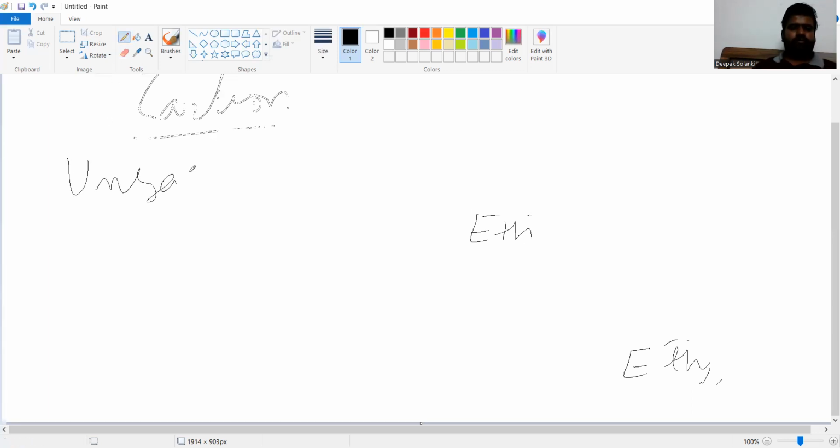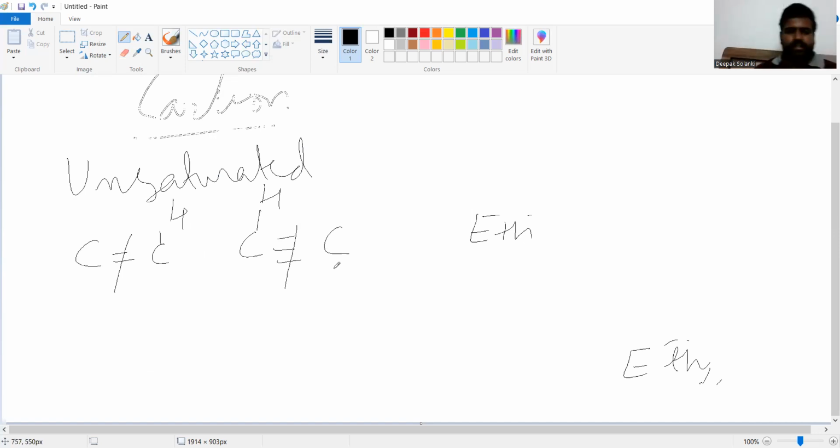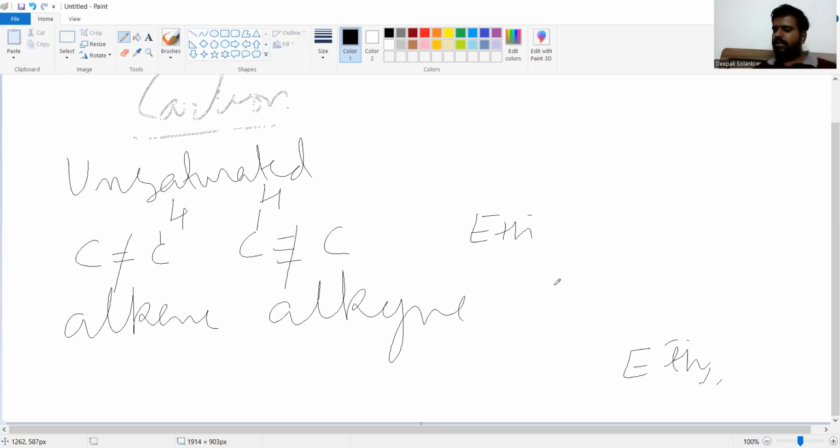Unsaturated: C double bond C and C triple bond C. Now we can break this bond and replace it with hydrogen. We can break this bond and replace it with hydrogen. So this is alkene and this is alkyne in the case of unsaturated hydrocarbons.